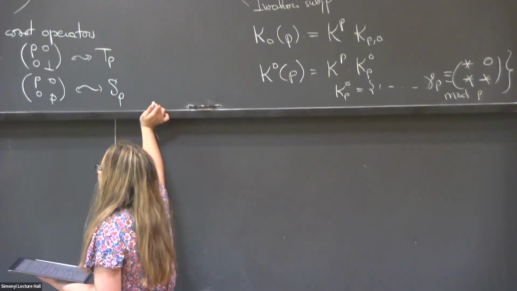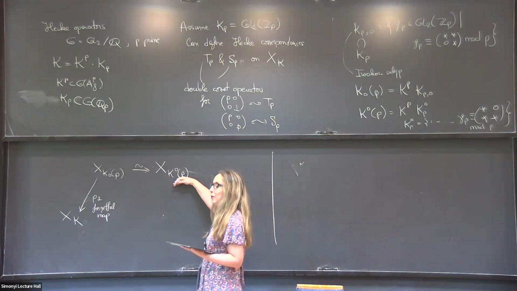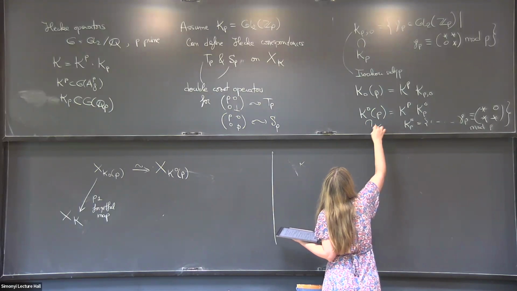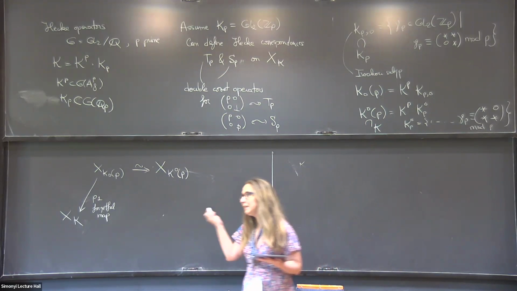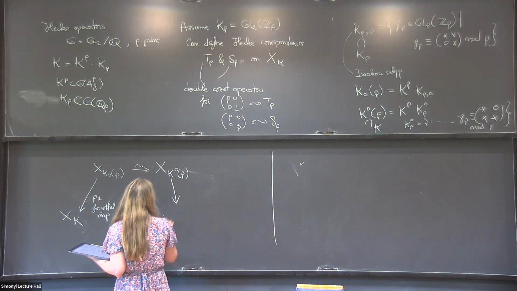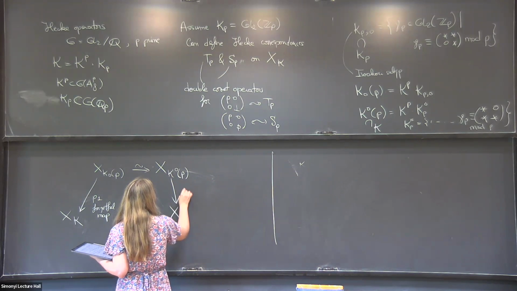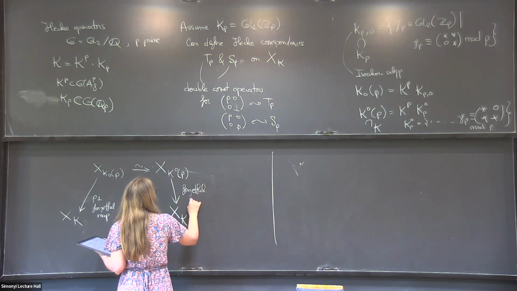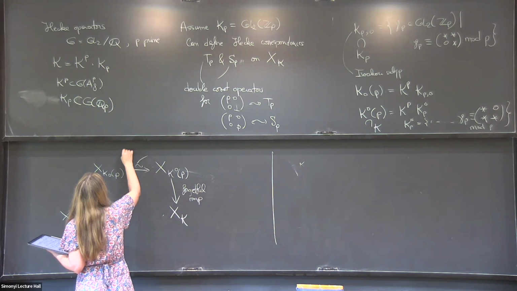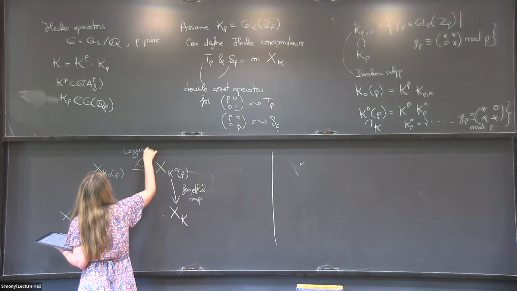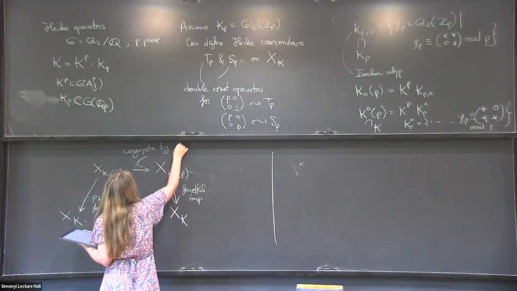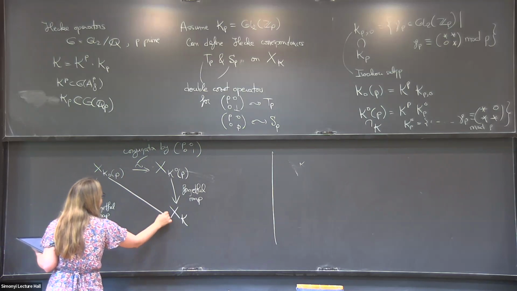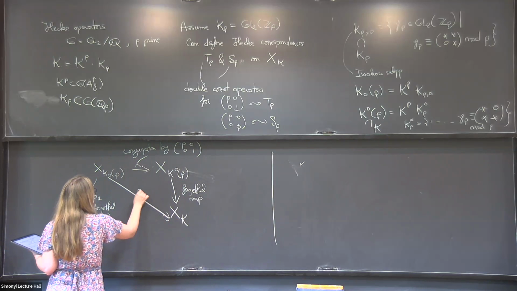And then this is at some other level that's still contained inside my original K. So it's still a smaller level, so it's still a covering space. So it still has a map, which is the forgetful map, to my original space. And so here, this is conjugation by (p 0; 0 1). Okay. And if I go this way, I'm going to call this composition p_2.